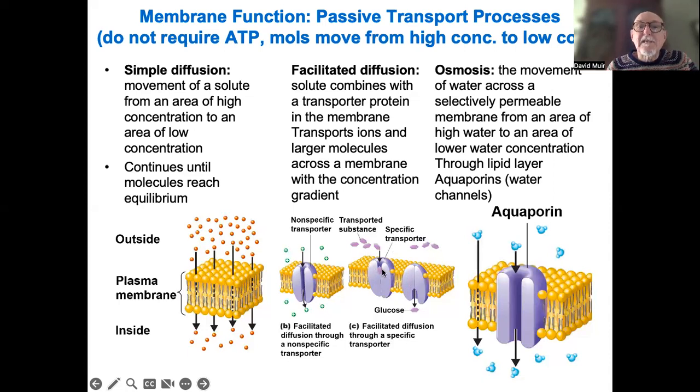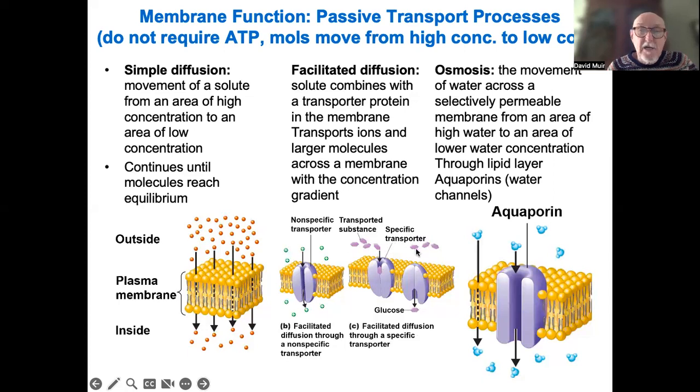So here you can see there's a cleft into which the molecule of glucose is going to bind. Once it's bound there, the whole molecule changes shape, and the protein loses its ability to bind the glucose, and the glucose is spat out on the other side. The only energy used is the potential energy, which results from this differential of concentration.